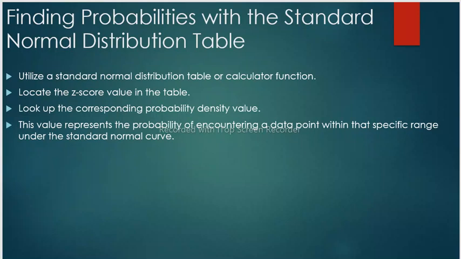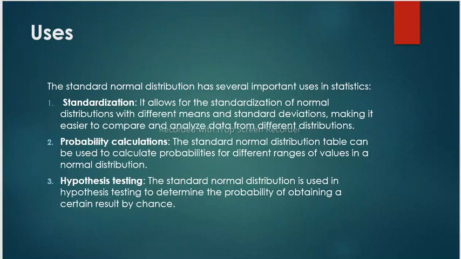The value at that intersection represents the probability, which translates to the likelihood of encountering a data point within that particular range under the standard normal curve. For example, if a z-score is 1.28, looking up this value in the table might provide a corresponding probability of 0.8944. This signifies that there is an 89.4% chance.